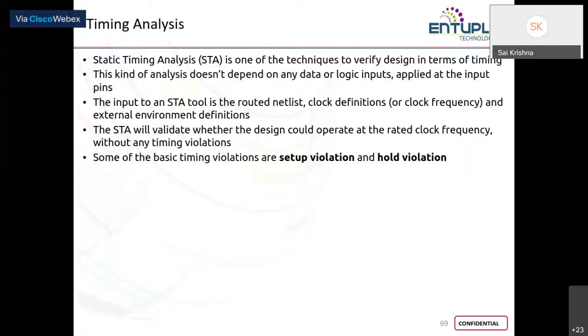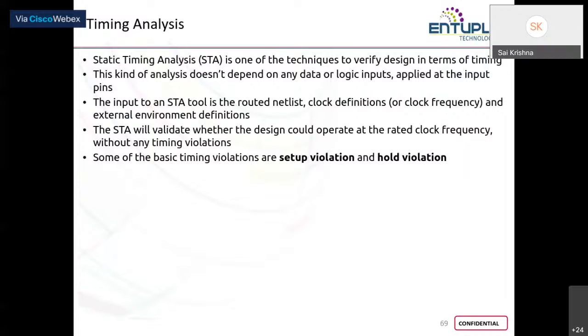After CTS, you again check for timing, area, power, and any violation you perform post CTS optimization. After placement, it is pre CTS optimization, and after CTS, it is post CTS optimization. Similarly, for routing, after routing is done, you do post route optimization.